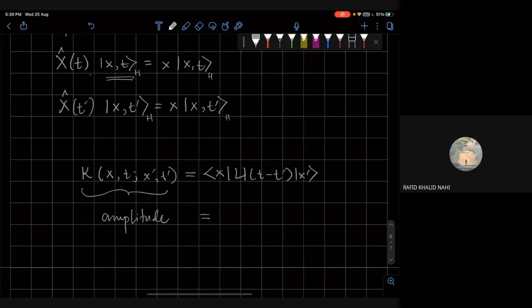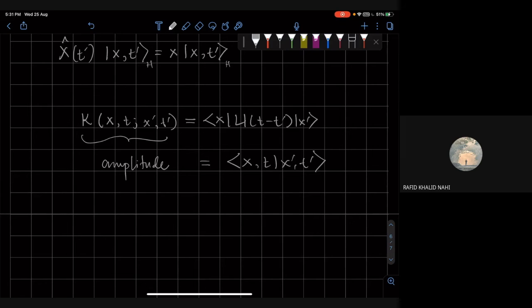In the Heisenberg picture, this becomes the bra x,t with the ket x',t', right? Okay. So this is what the propagator looks like in the Heisenberg picture.